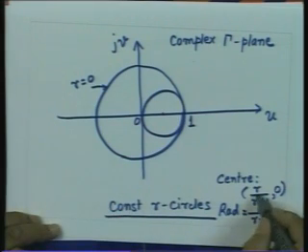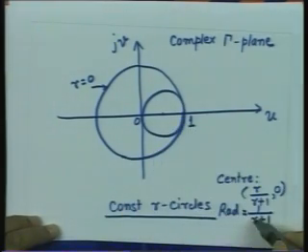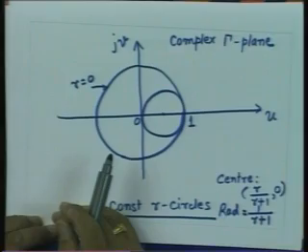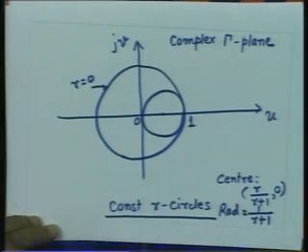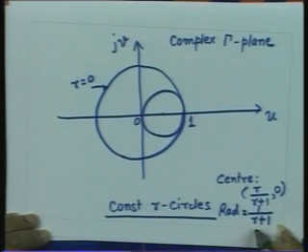If I increase the value of r further, one thing we will note is that the center shifts towards the right and the radius of the circle becomes smaller and smaller. If I take the extreme value, that is r equal to infinity, then this center will become 1. So, this will be 1 comma 0 and the radius will become equal to 0.